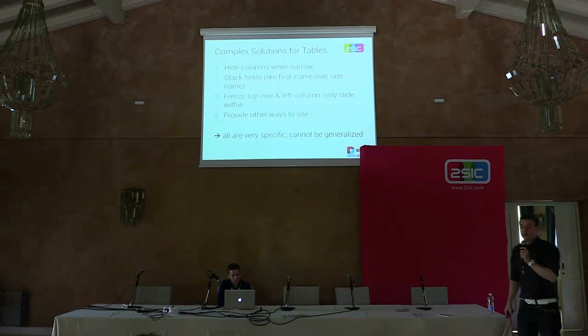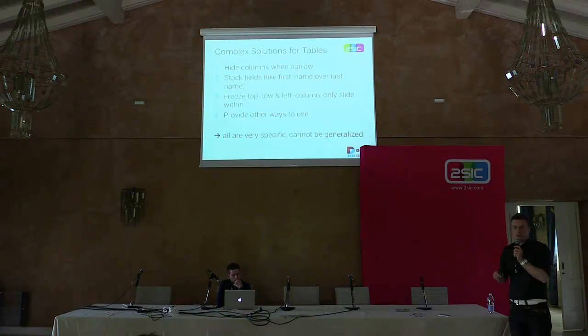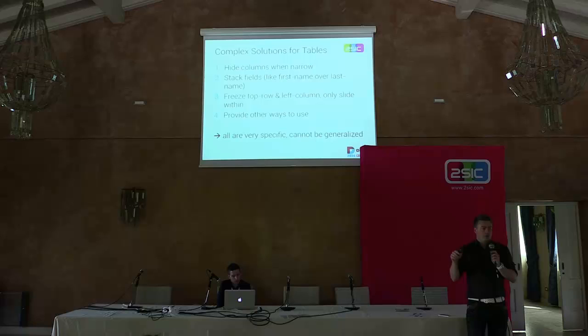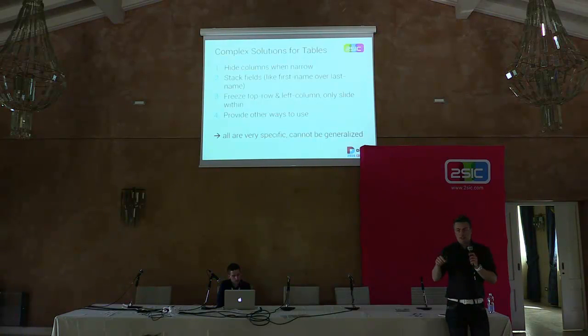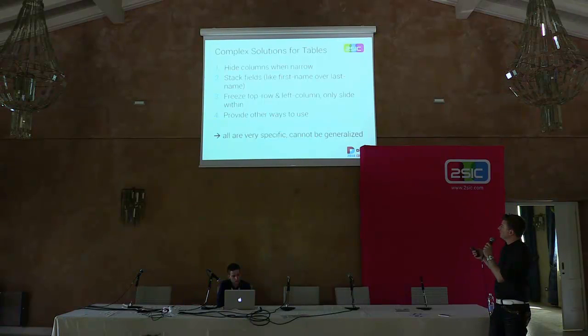If you have more complex solutions, you'll go for other options like wrapping the columns themselves, or freezing certain rows or columns so it works better. But it's much more complicated and much more difficult for your editor to update data then, because it's so much more complex.